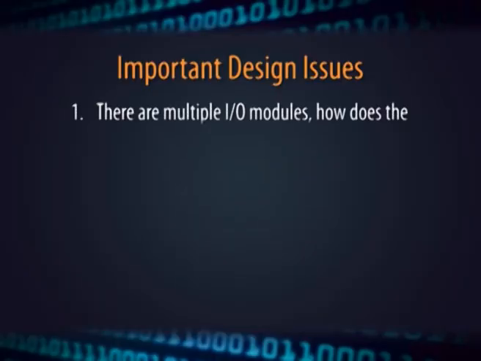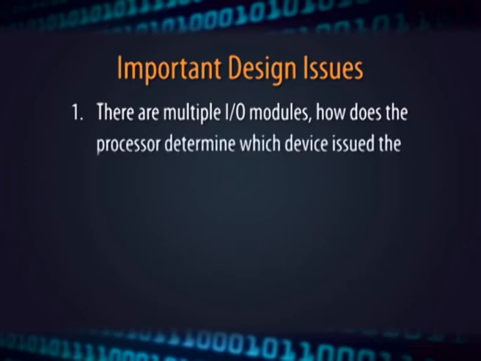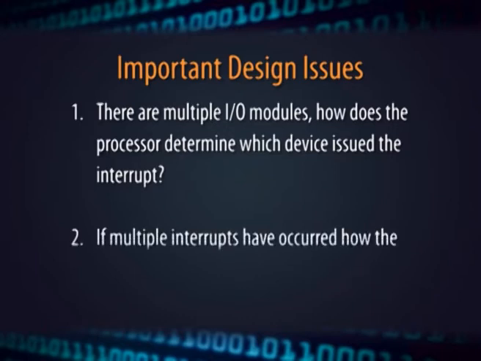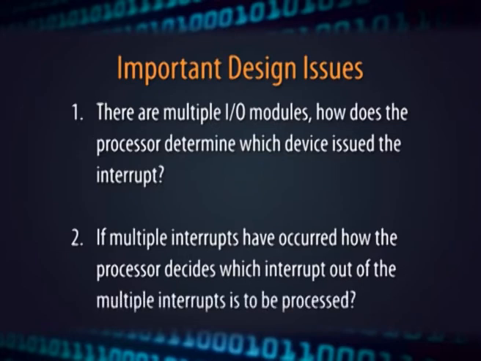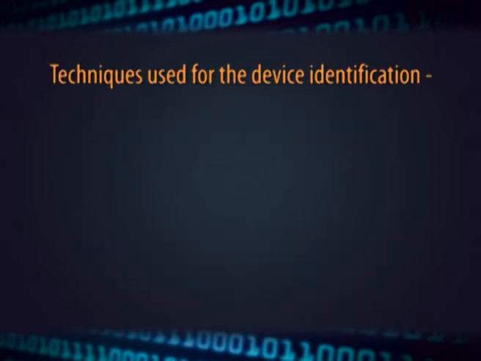There are multiple I/O modules. How does the processor determine which device issued the interrupt? Second, if the multiple interrupts have occurred, how the processor decides which interrupt out of the multiple interrupts is to be processed. There are 4 common techniques which are used for the device identification.